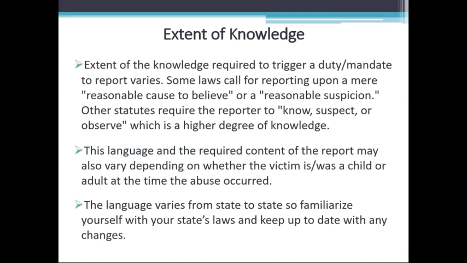We wanted the information to be more of a resource and an overall guide, but you are still responsible for finding out and being familiar with your local laws. And if you answer to a licensing board, a lot of the time that requirement is written into their regulations and possibly even into their code of ethics, guiding what you have to report.